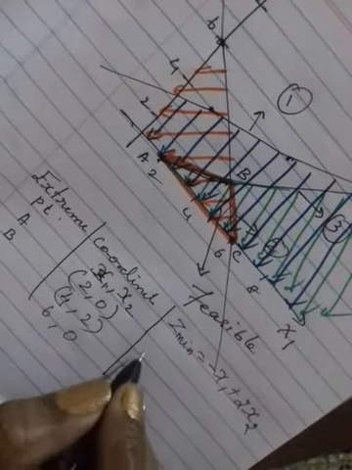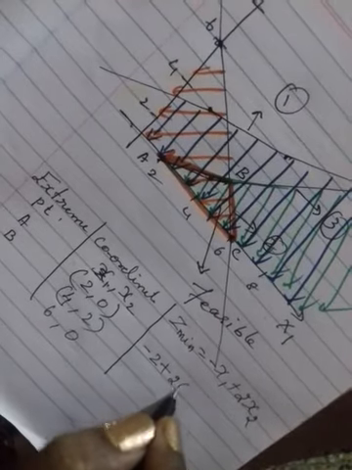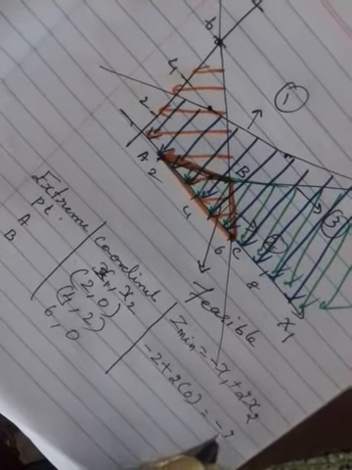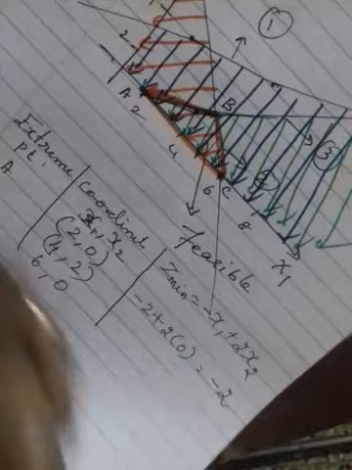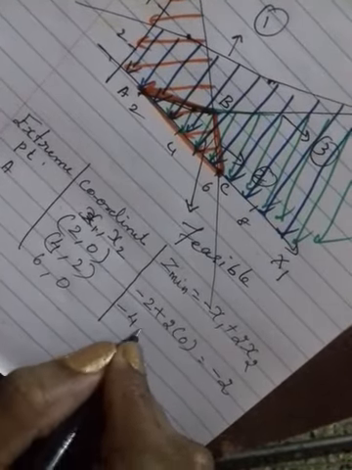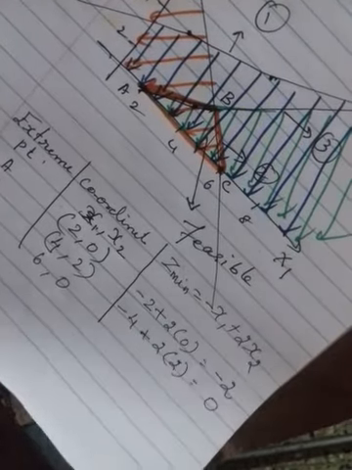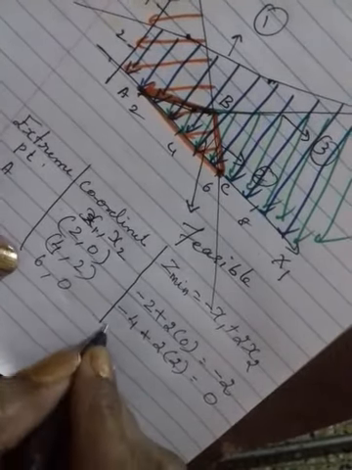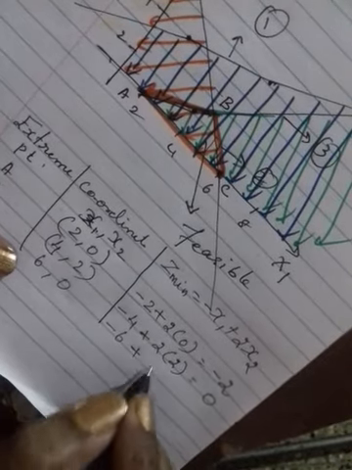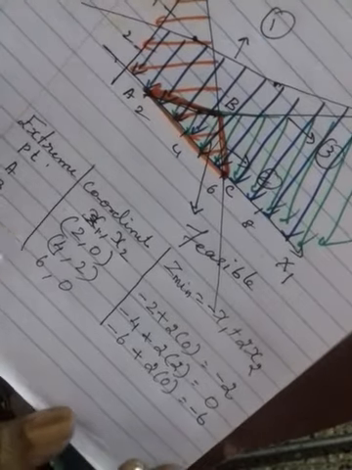So you will get minus 2 plus 2 into 0. So you will get minus 2. Okay, and then minus 4 plus 2 into 2. So you will get 0. Okay, and then minus 6 plus 2 into 0. You will get minus 6.